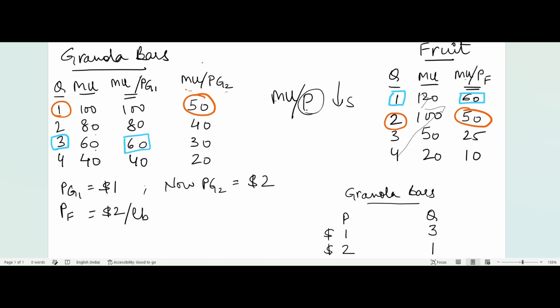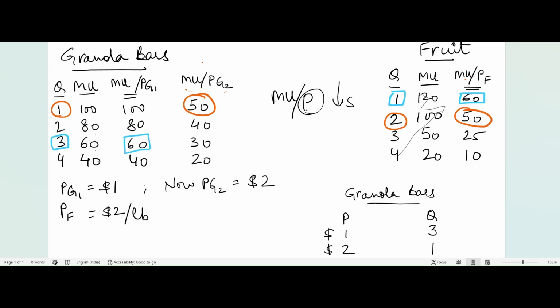If we relate that to the marginal utility per dollar concept, or in other words, in very simple terms, this is what the law of diminishing marginal utility actually talks about, right? All this happens because of that law.